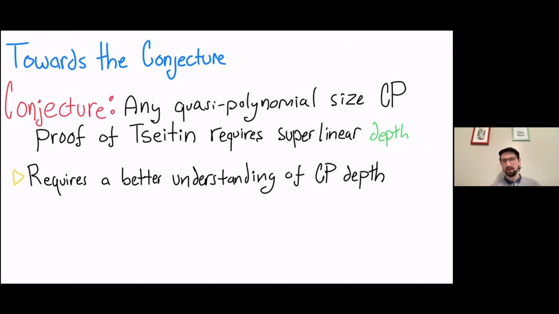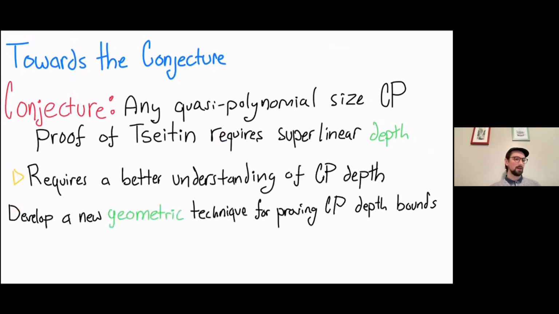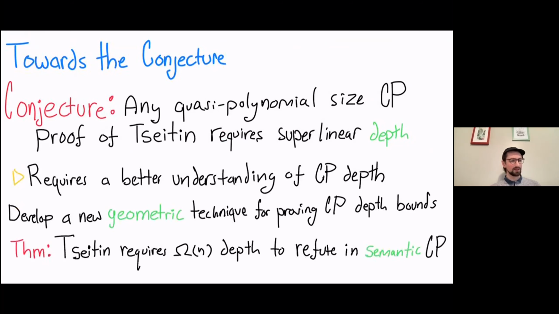And we provide a new method for proving lower bounds on cutting planes depth. Our technique is kind of geometric, and it also works for semantic cutting planes. So we get the first lower bound on the Tseitin formulas for semantic cutting planes.